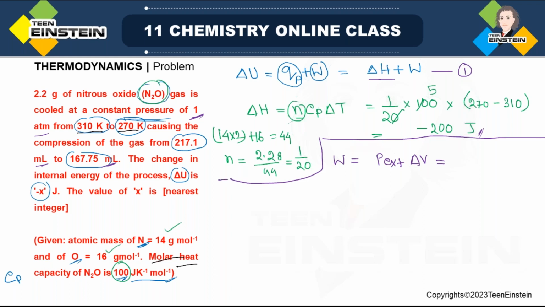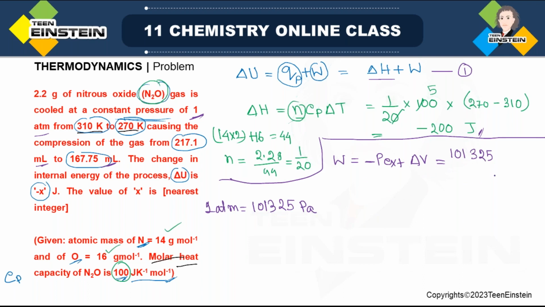So when you change the unit, how will it be? So 1 atmosphere is basically equal to 101,325 Pascal. 1 atmosphere is equal to 101,325 Pa. That means Pascal. W will be negative. Okay.